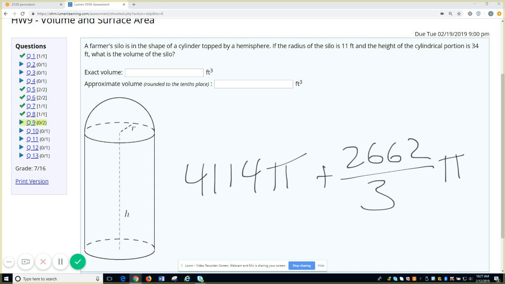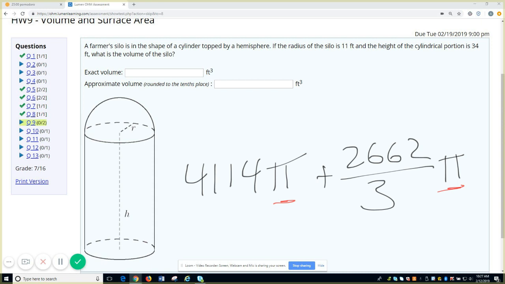Now, because both of these expressions have pi in them, we also will need to add the coefficients in front of them. Getting complicated, but okay.